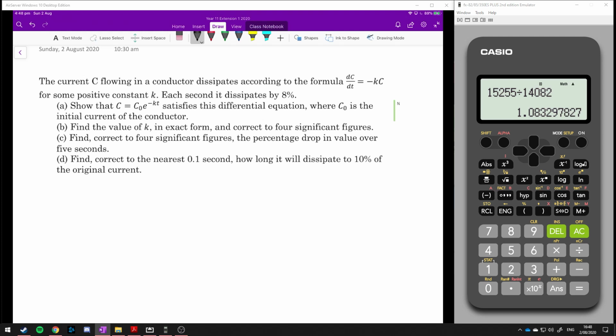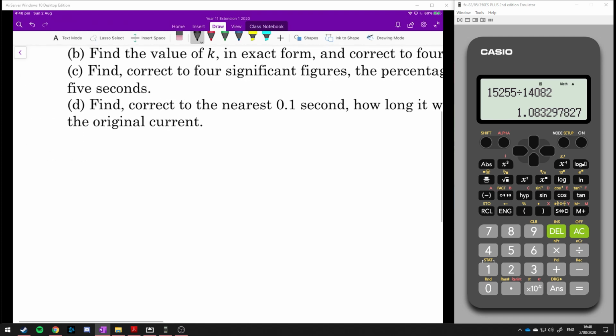So how are we going to solve something like this? We're going to start off by substituting C is equal to C0.